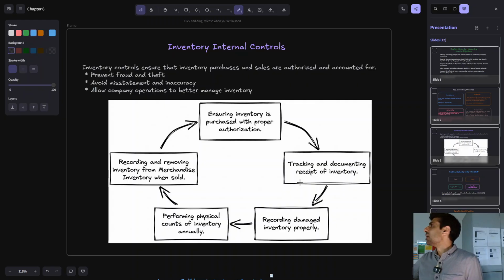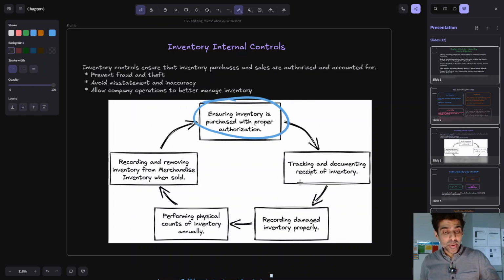This is like, when you steal some item from a store, it's like you're stealing cash from the register, because the business paid money for that inventory. So the better they can manage the inventory, the more efficient and the more profitable the business is going to be.